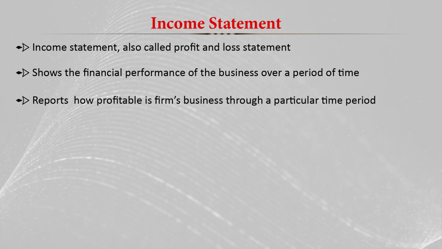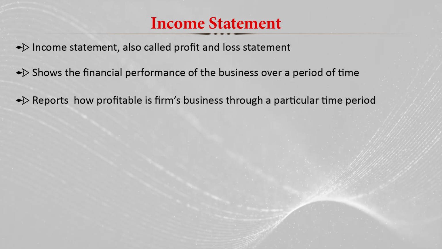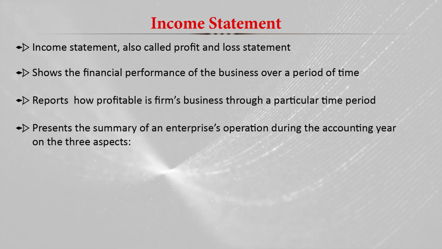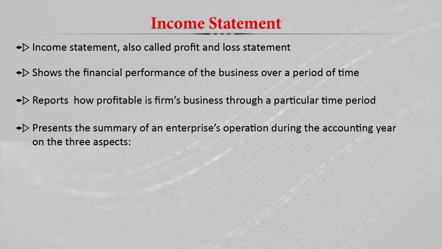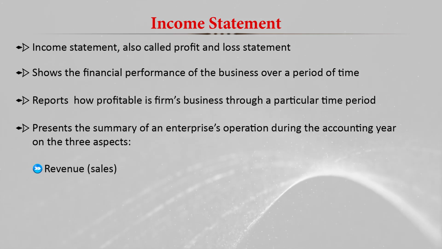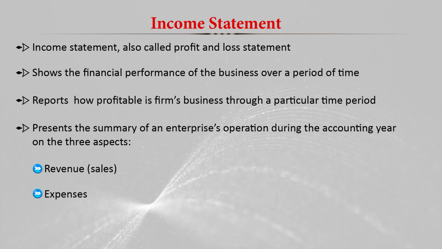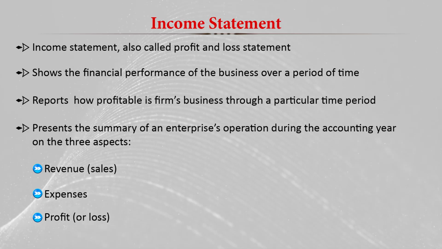So how the profit is generated in a business is reflected through the income statement. It presents a summary of an enterprise's operations during the accounting period on basically three aspects. One is the revenue, which we can also call sales, then the expenses, and then profit, or there may be loss also.